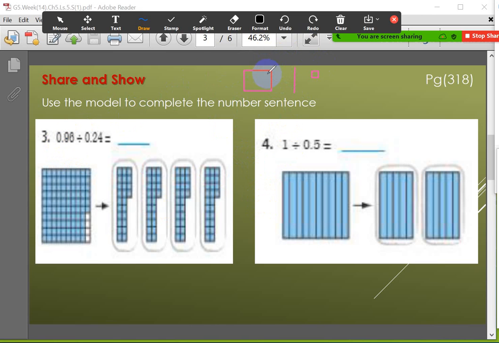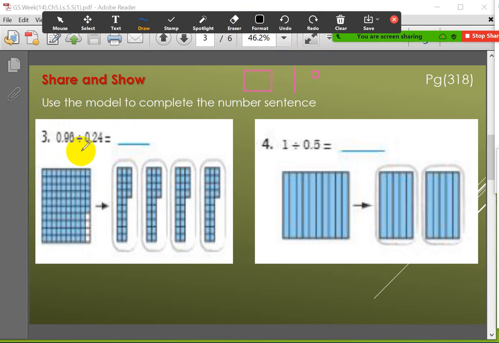The ones digit is represented with a flat, the 10th digit, the first digit after the point, with a long, and the 100th digit with a small cube. So here the number is 0.96. That means I have 9 in the 10th and 6 in the 100th.